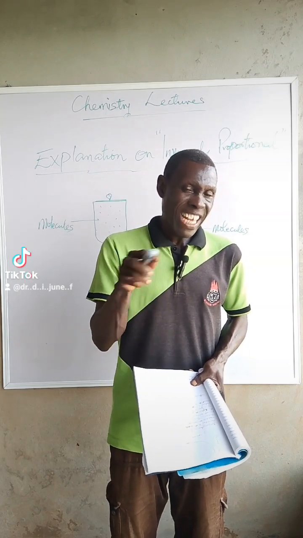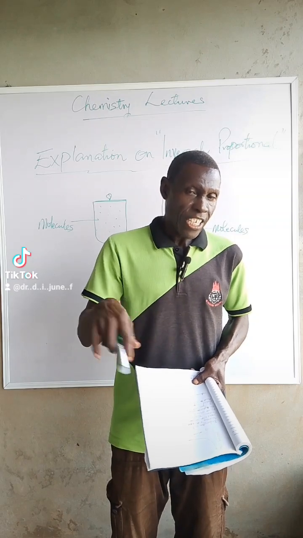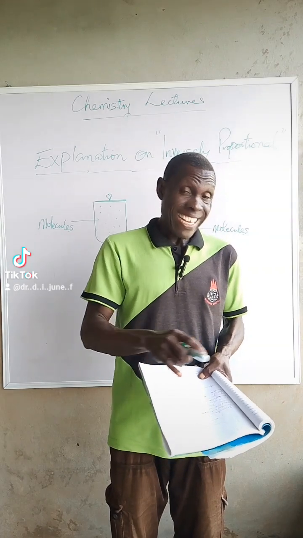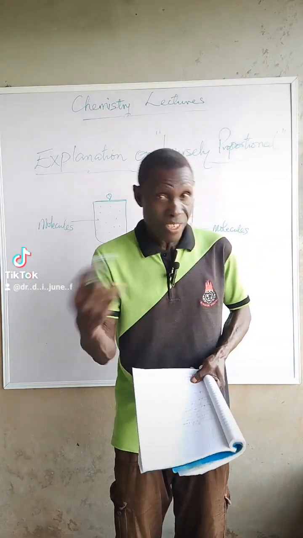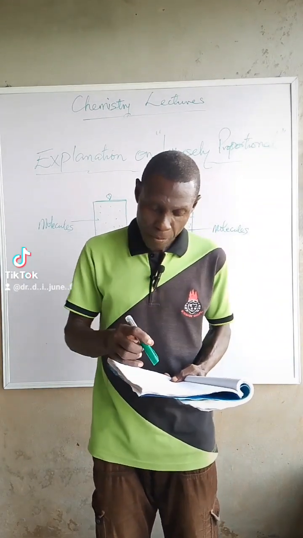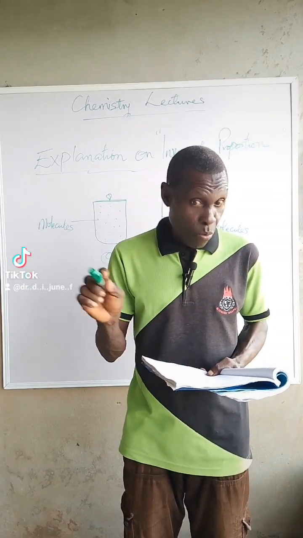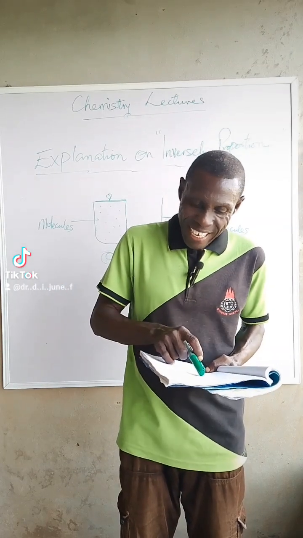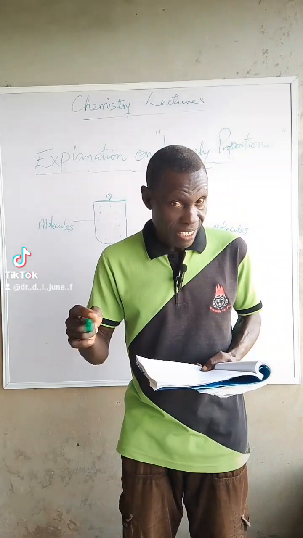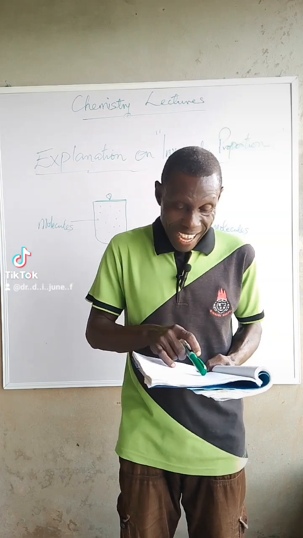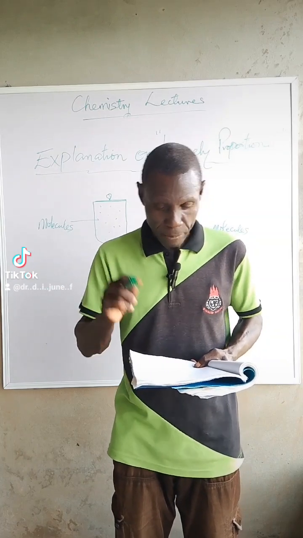And when there are more molecules there, the collision frequency will also increase. And when the frequency increases, the pressure will also increase. So, the larger the number of molecules per unit volume, the larger the number of collisions, and the higher the pressure, that is the force per unit area.